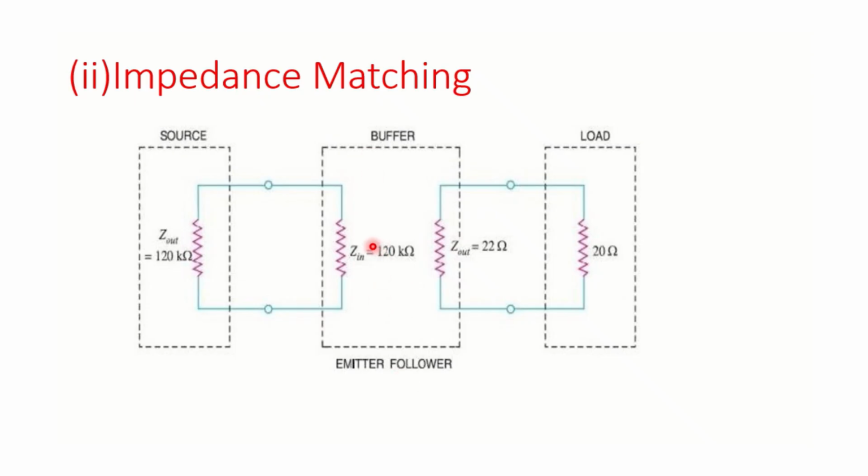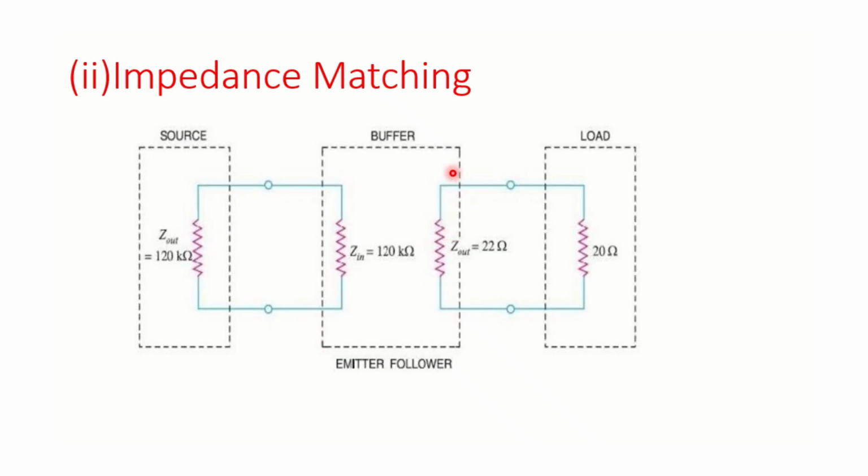As we have seen, the emitter follower has a high input impedance and a low output impedance. So the high output impedance of the source is matching with the high input impedance of the emitter follower, and the low impedance of the load is matching with the low output impedance of the emitter follower circuit.